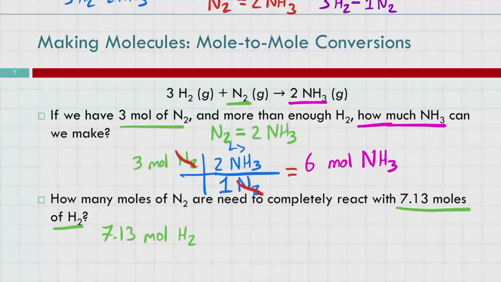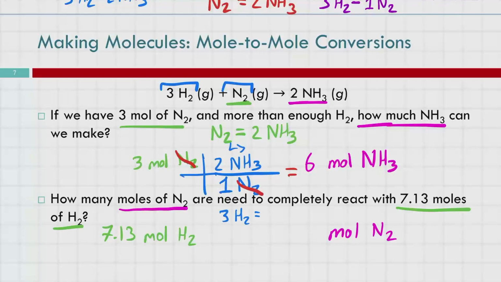And what's the thing that we're finding? Yeah, we're finding moles of N2. So that's the other thing that we care about. So we're trying to go from moles H2 to moles N2. So we want to pull out, up here in blue, our H2 and our N2. And how are those two things related?